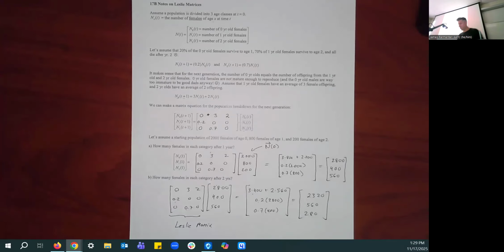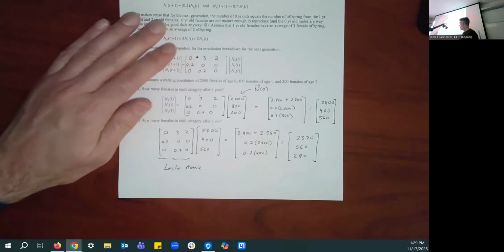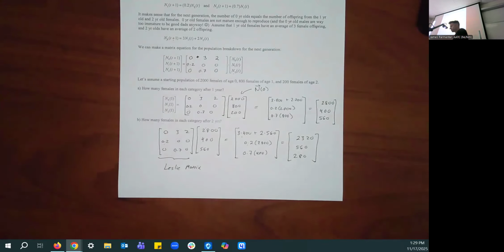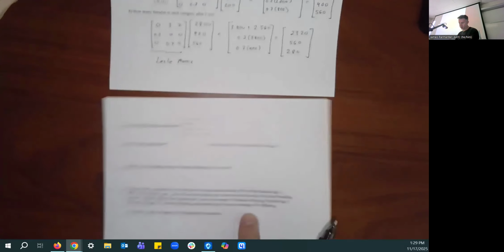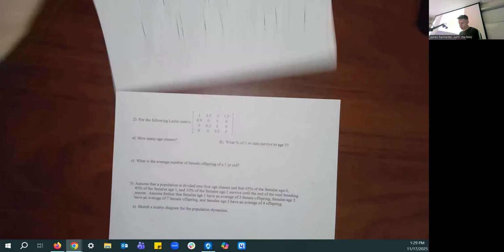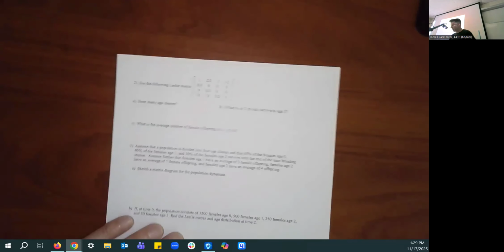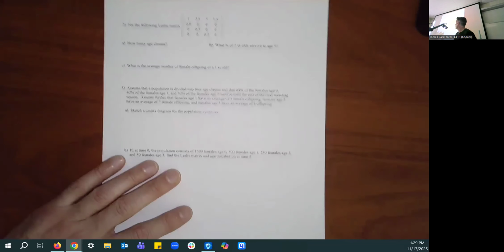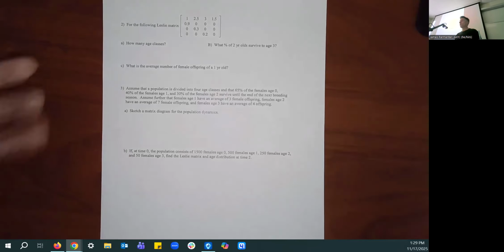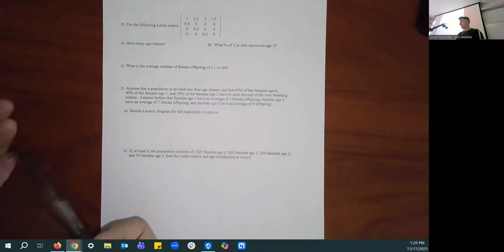For now, though, we'll just continue looking at this handout. Let's look at the next page here. Oh, good. I like this next question. So, for the following Leslie matrix, how many age classes are there? Well, it's a 4x4 matrix, so there should be 4 age classes.